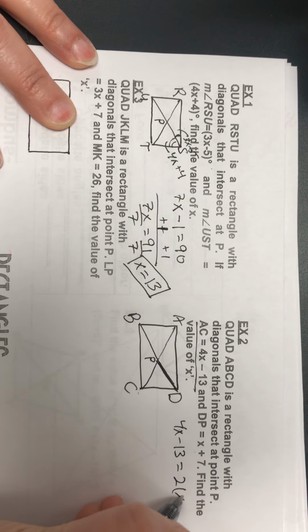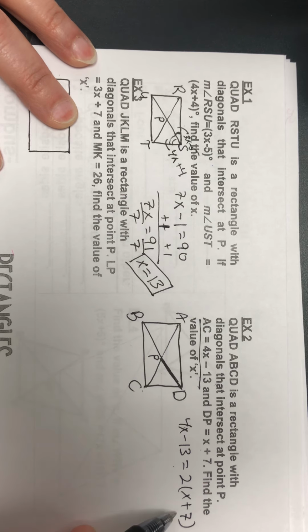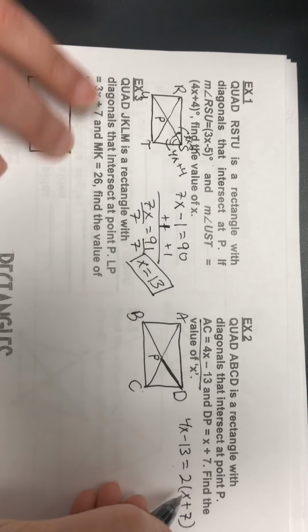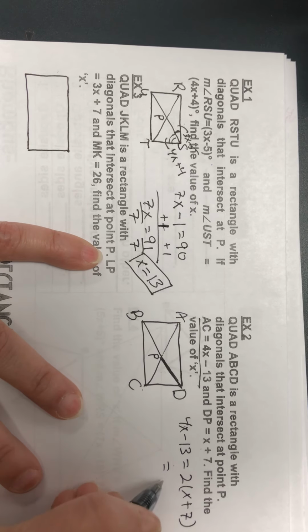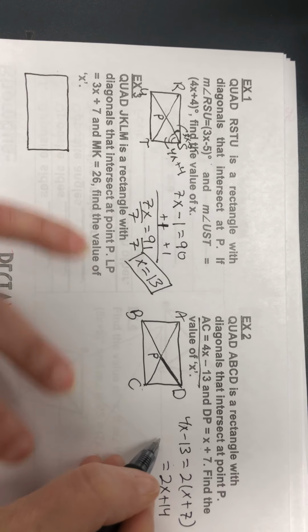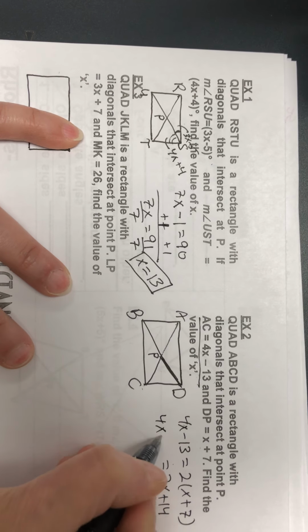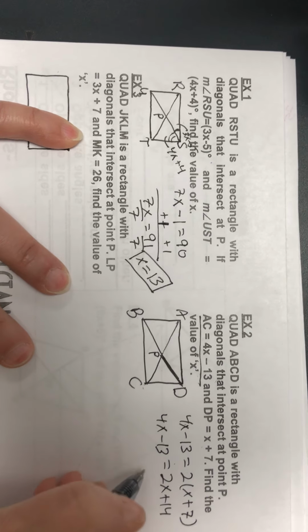So 2 times x plus 7. My whole diagonal is equal to 2 half diagonals. So over here I have to distribute. This is going to be 2x plus 14, and then this side just comes down. 4x minus 13.